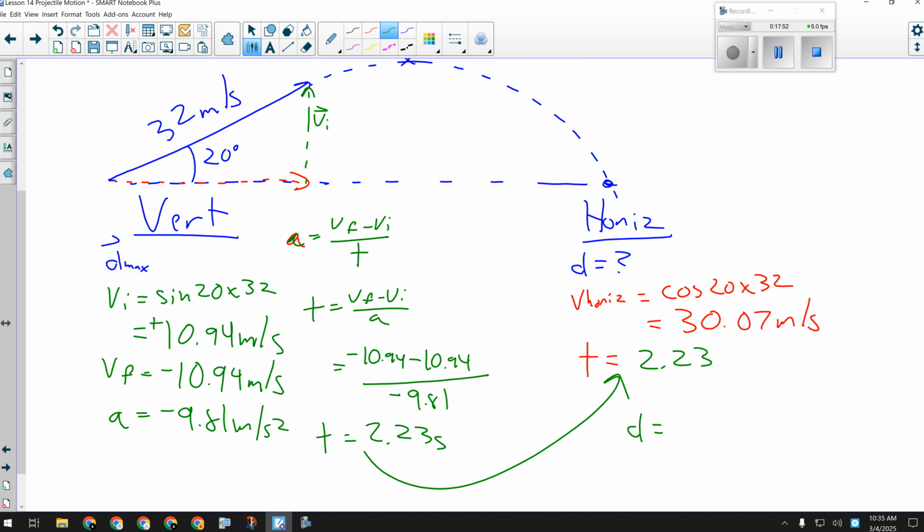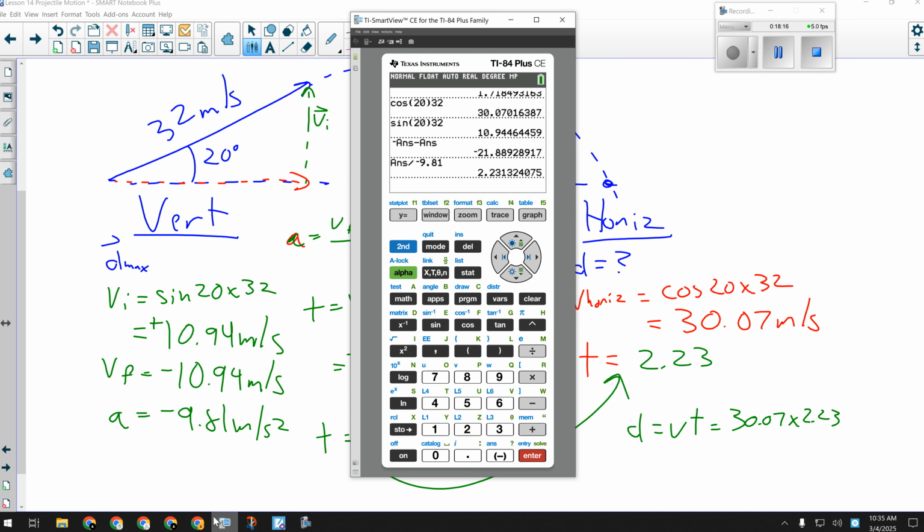D equals V times T, so 30.07 times 2.23. Is that exactly what we did yesterday with those projected horizontally questions? It's exactly the same thing. Okay? The fundamentals are the same here. I need the time, I can use the time here, okay? So, how far is it across the river?